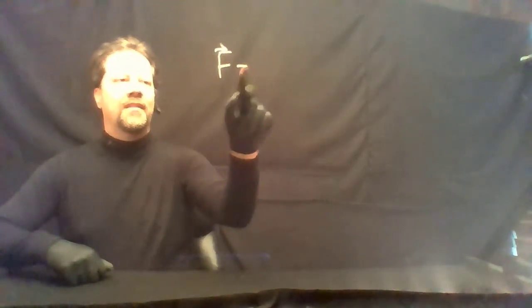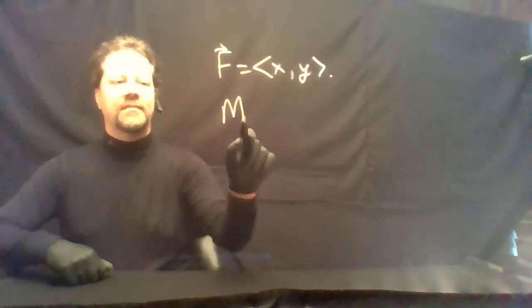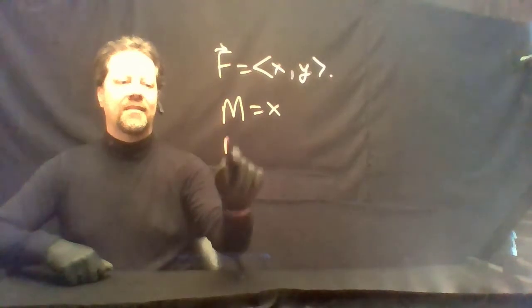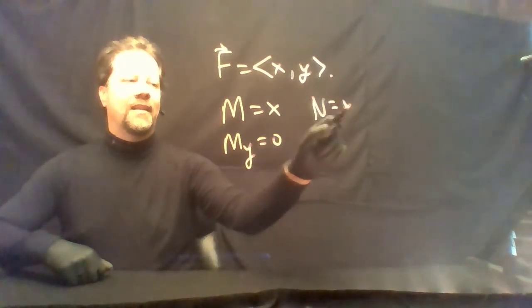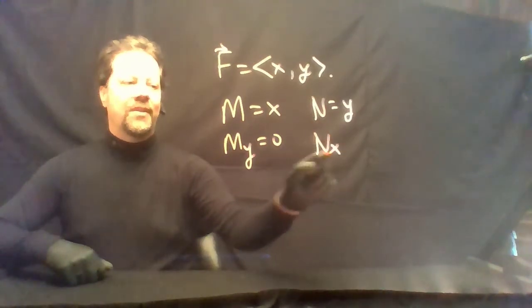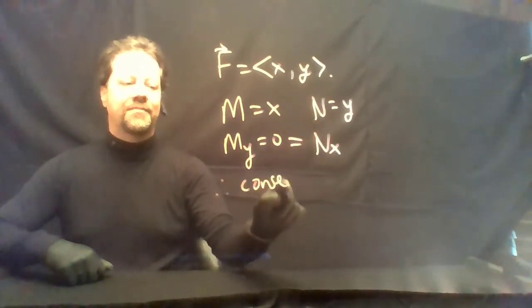Back to our prototypes. For the vector field x, y, m is x, so m_y is 0. n is y, so n_x is also 0, and therefore it is conservative.